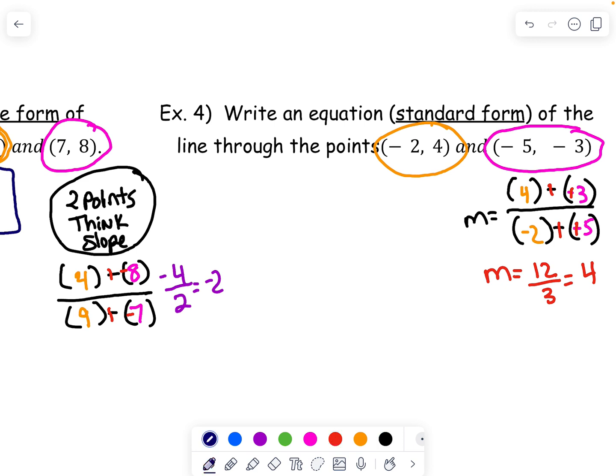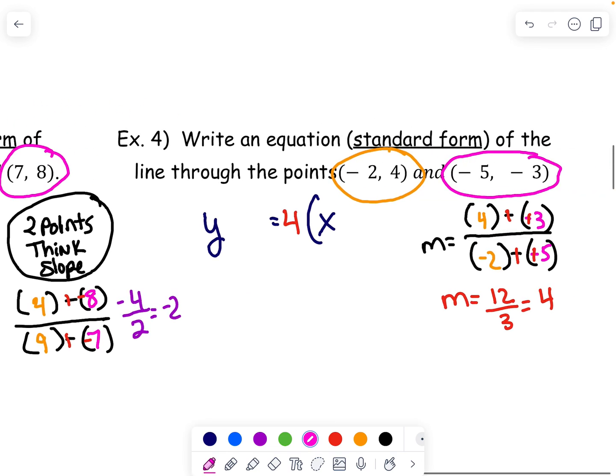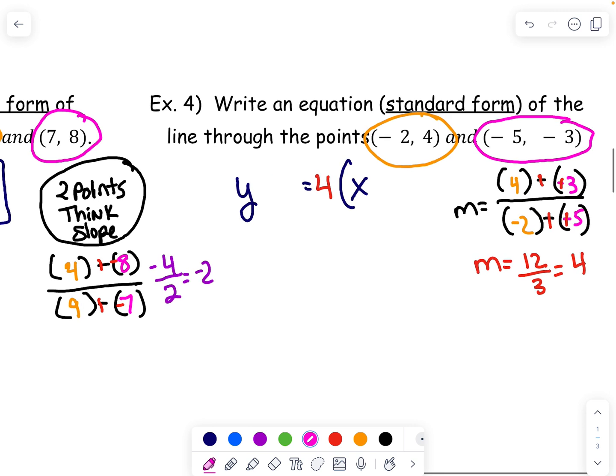Because we have points, I'm going to go ahead and use point slope form. So y equals our slope, which was 4, and then x. And we can either use pink or orange, since we used, what did we use last? Okay, we used orange last, so let's use pink. So if my x is -5, then I put my opposite of x here, which is +5.